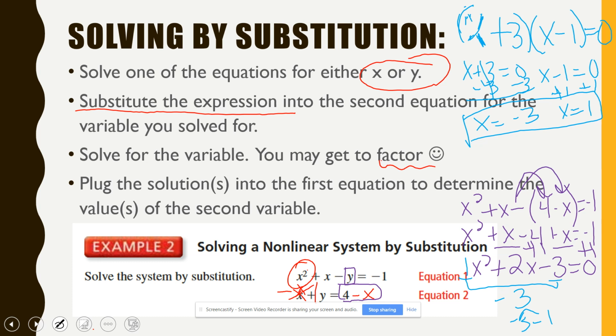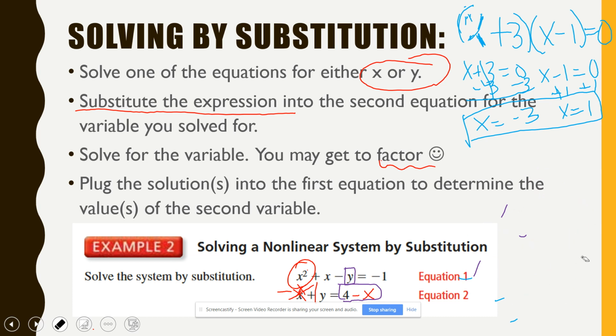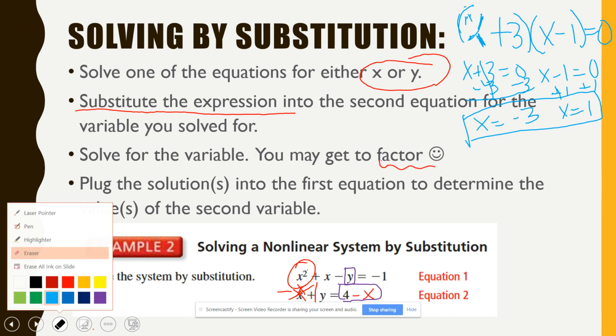But remember, our answers are ordered pairs, x and y. So before I'm finished, I have to take those two answers and plug them in for x, in either equation, it doesn't matter, to find y.